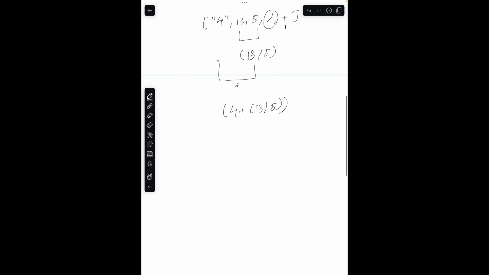So let's see how we can do this. What we can see is that if an operator comes in, we are using the last two numbers from the array.